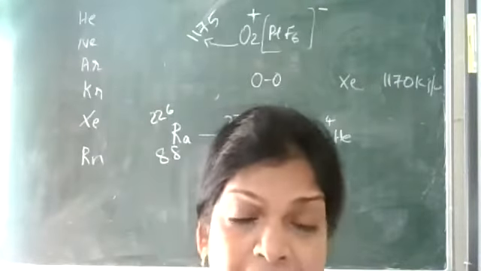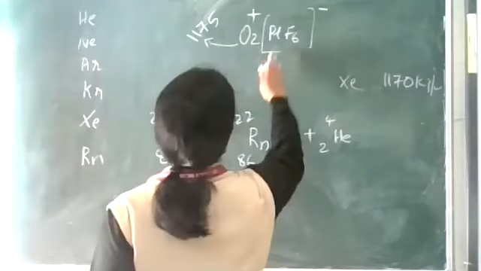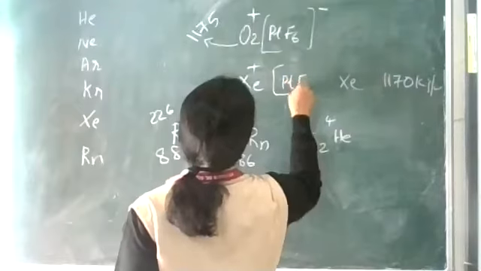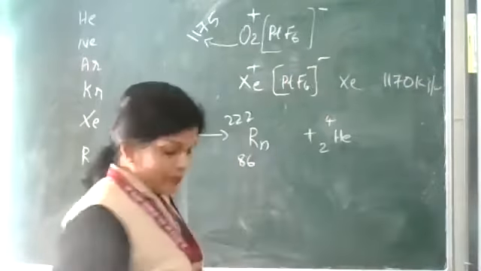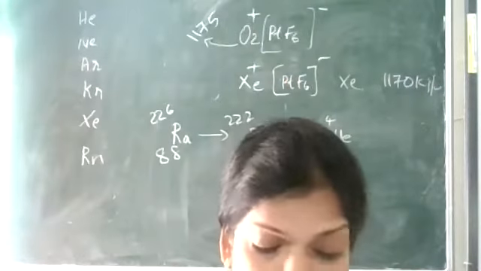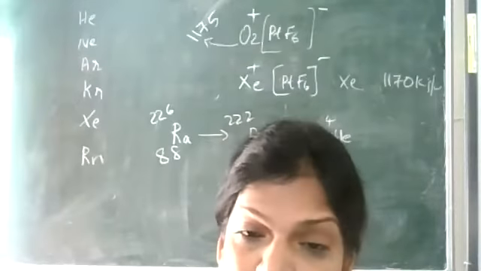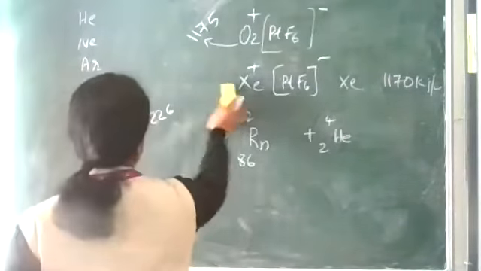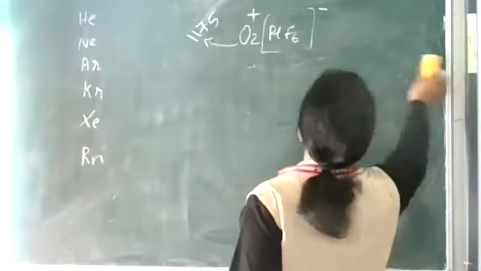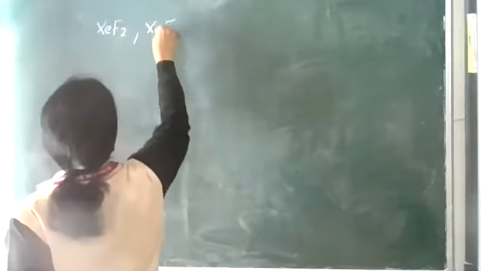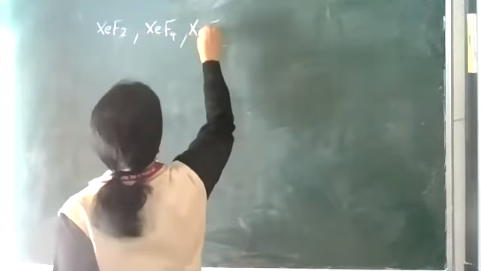He made Xe+, instead of this O2+, he made Xe+. Later he made many compounds of Xe. The compounds that you have to learn are the main 3 compounds, that is XeF2, XeF4 and XeF6.